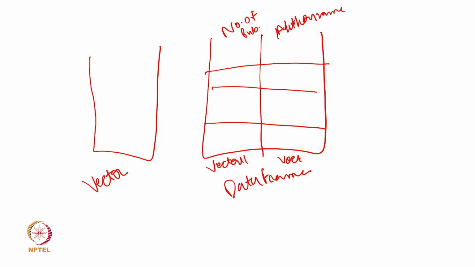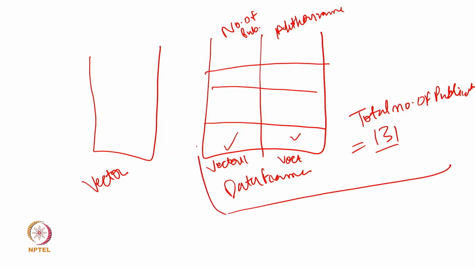With this we want to store a value like the total number of publications. Say for example, these are the numbers of publications and these are the author names, and the total number of publications is, say, 131.